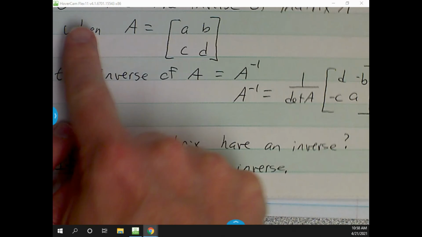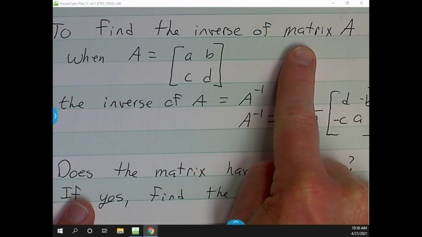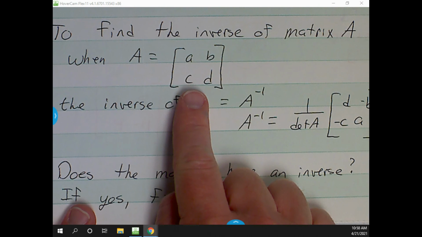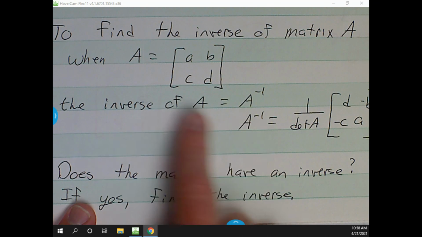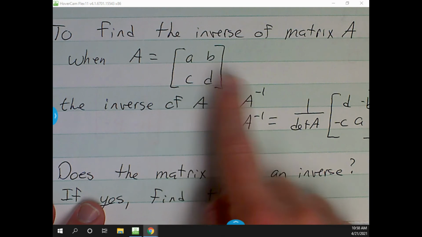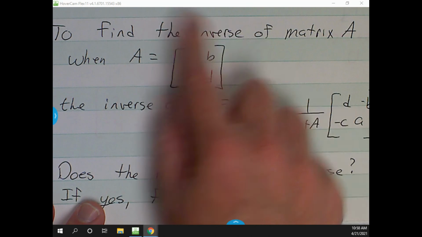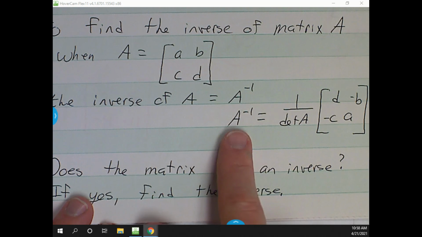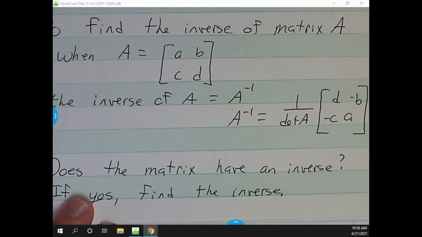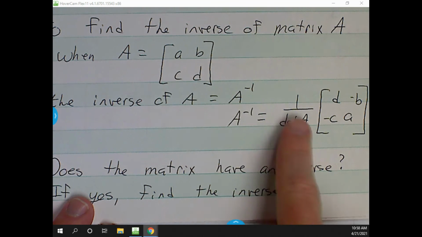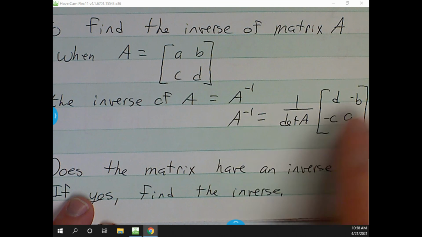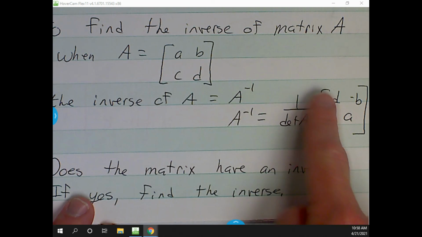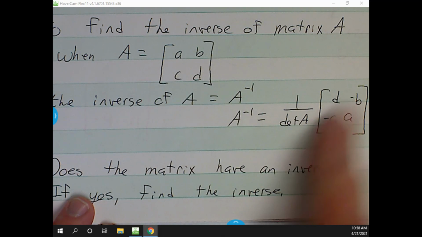If you actually want to find the inverse of a square matrix A, like a 2x2 matrix, then what you have to do is figure out what the determinant's going to be. So you do the cross products, where you do this times this and this times this, and you subtract those two numbers. And to actually find the inverse, which is the A-1 part of it, you take the value of the determinant, whatever it is, and put it as 1 over that, and then you multiply it by the matrix where you switch these two numbers and change these two signs.